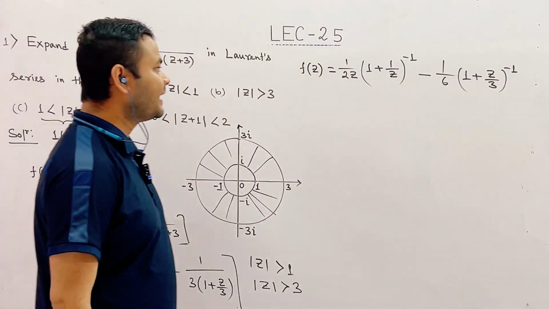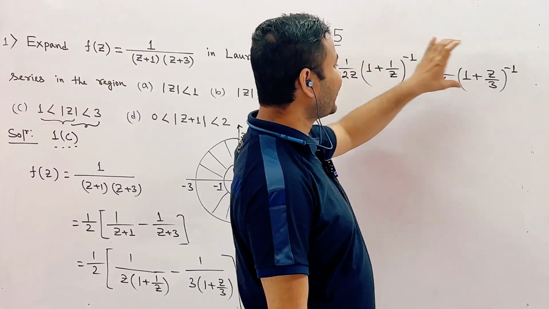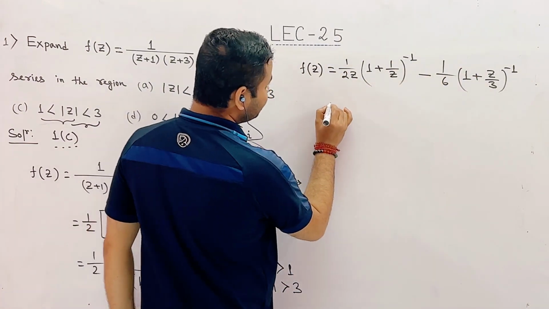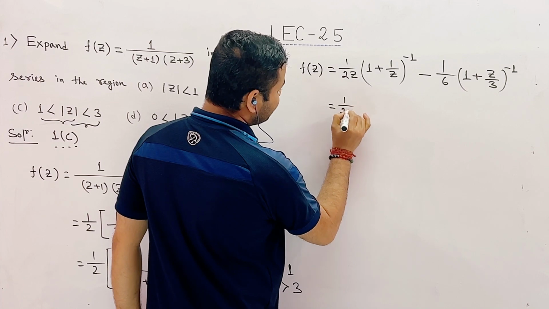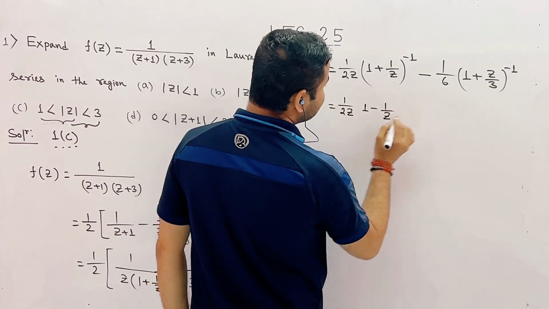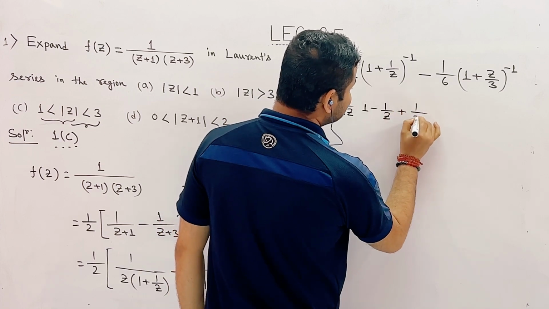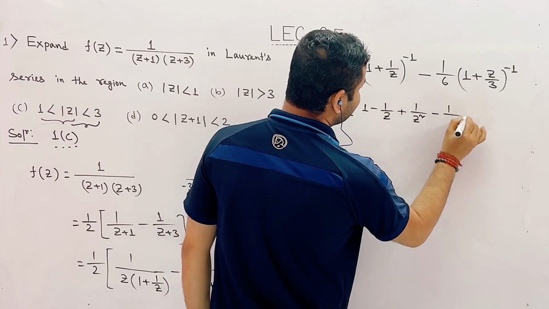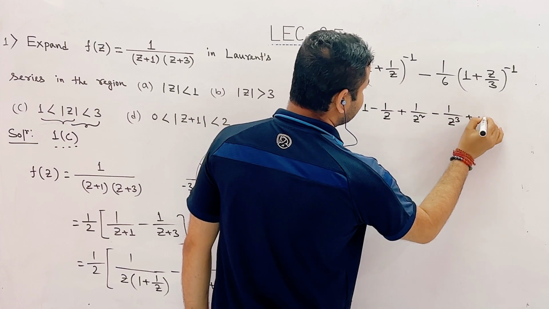Next, apply binomial theorem to expand this term and this term. So, finally, we will get 1 by twice z into 1 minus 1 by z plus 1 by z square minus 1 by z cube plus dot dot dot.